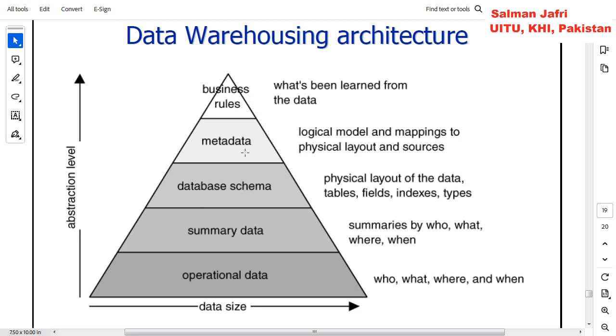Then we have the metadata, which is the logical model and mapping to physical layout and sources, right? Metadata is data about the data, remember. And finally we have the business tools, which are what's been learned from the data. So this is the data size given by the abstraction level. This has the highest abstraction level, which is the business rules.